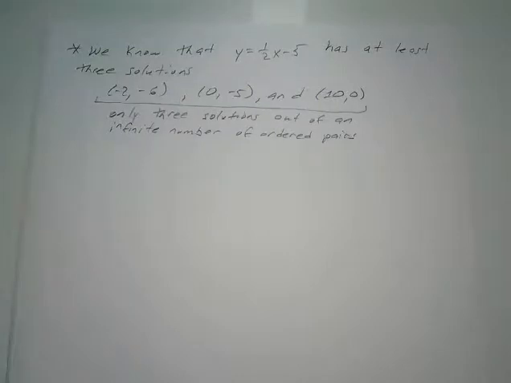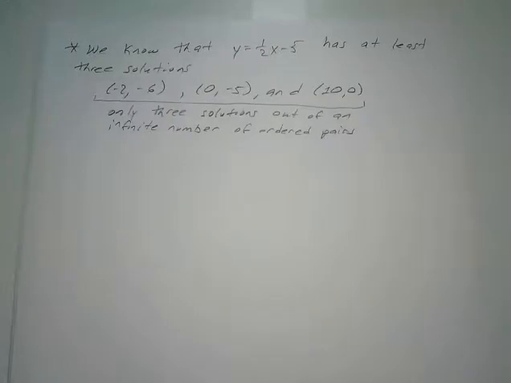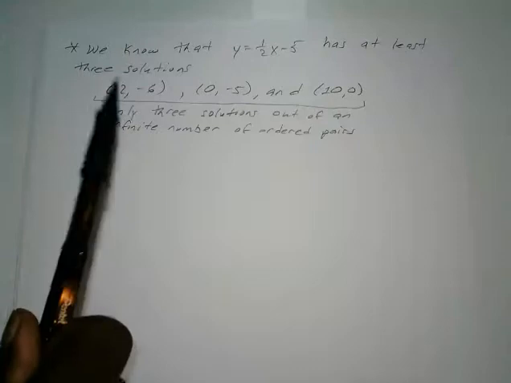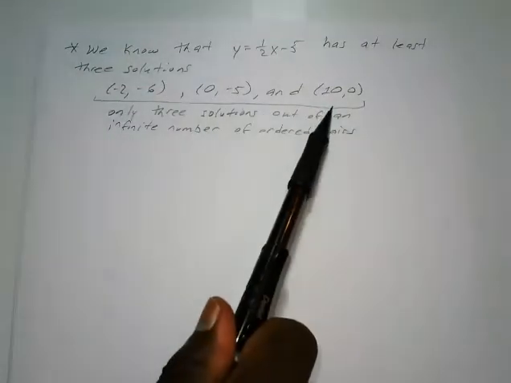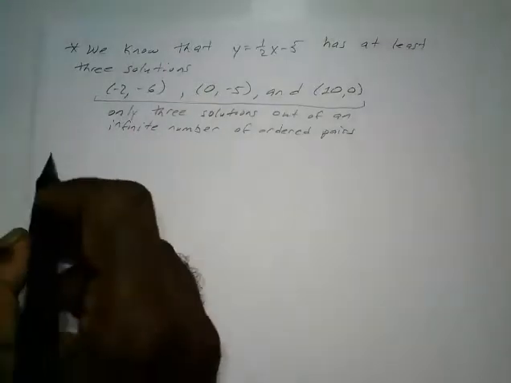Now, once we find 2 or 3 solutions for a linear equation, all we have to do is plot those 3 and draw a line right through all of those points. That's your graph.